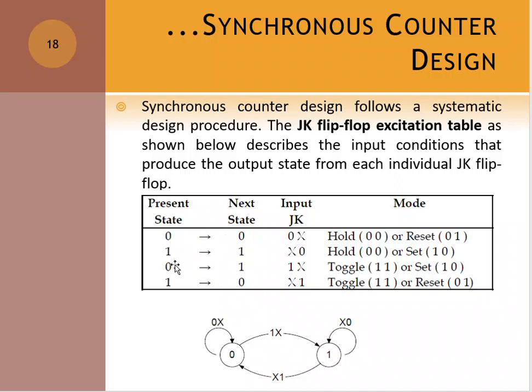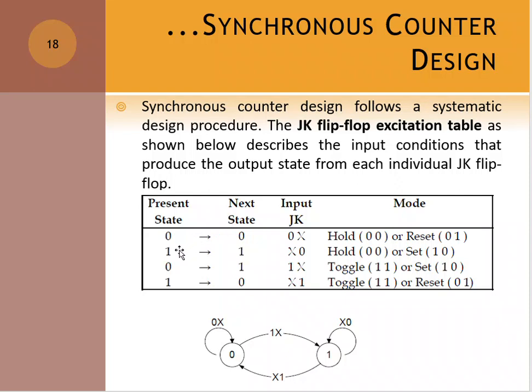Okay, next. If the present state is 1, next state is also 1. So this is caused by J can be 0, K 0 or J can be 1, K equal to 0. Maksudnya 0, 0 ataupun 1, 0. 0, 0 is hold, 1, 0 is set.